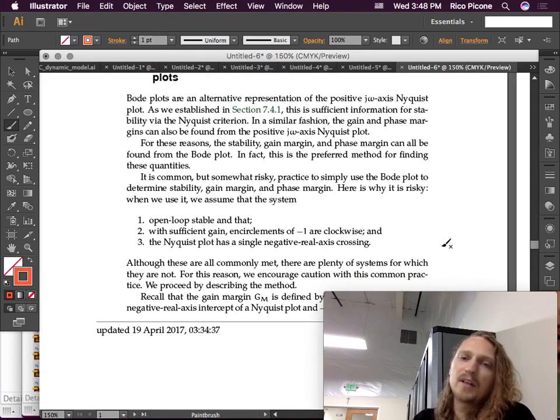So they're commonly met, but there are plenty of systems for which they are not. For this reason, we encourage caution with this common practice and proceed by describing the method.